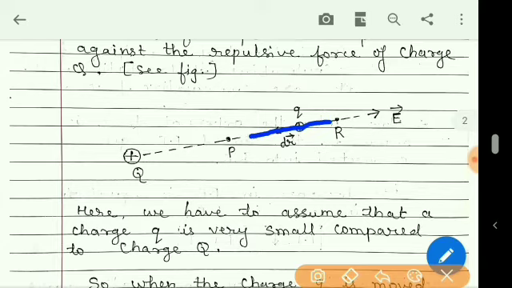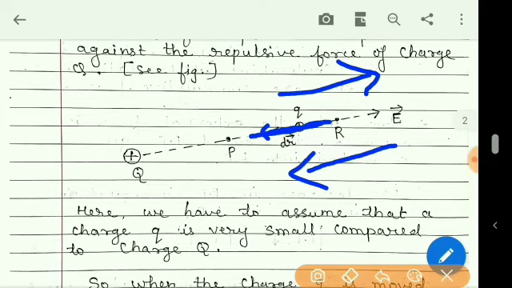So here we need to keep the speed constant, and so the electric force which is acting in this direction and the external force is applied in this direction, which is having the same magnitude as this electric force.